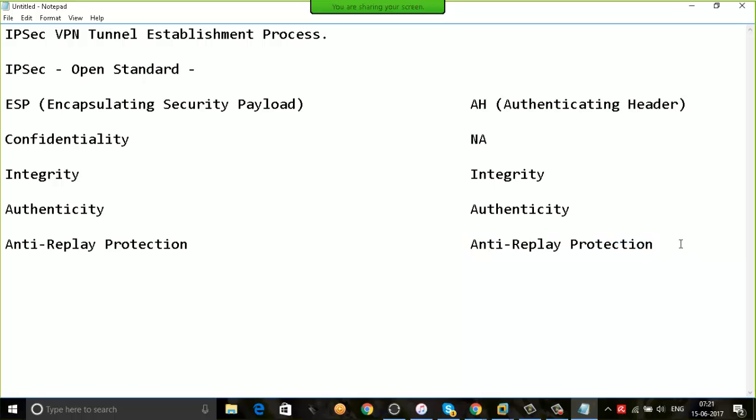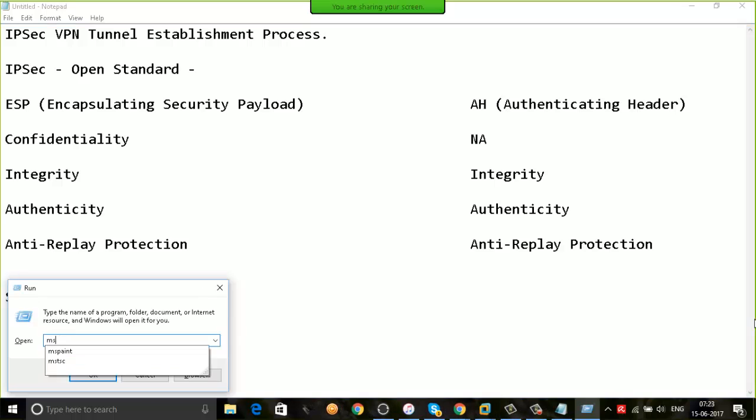Now, how is the VPN tunnel going to be established? Let's see that. When it comes to the VPN tunnel establishment process, there are 5 steps we used to talk about. Step number 1 we call interesting traffic. What is that interesting traffic?